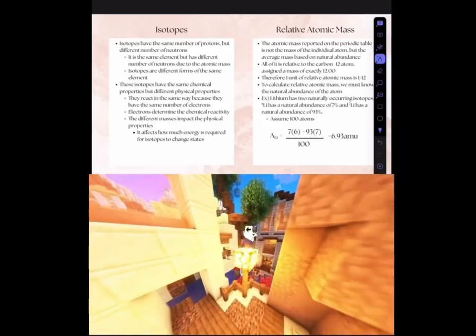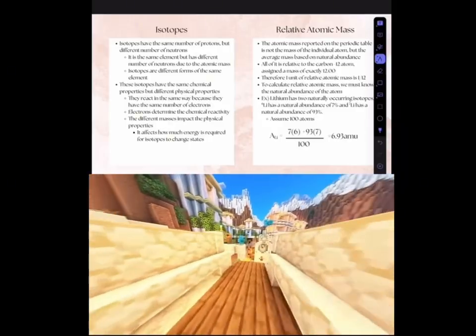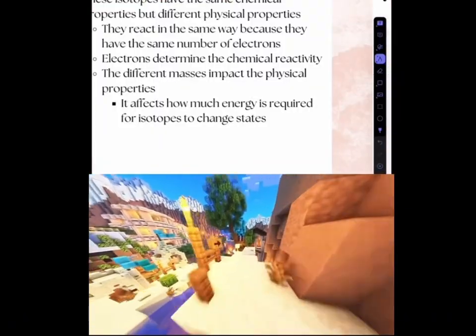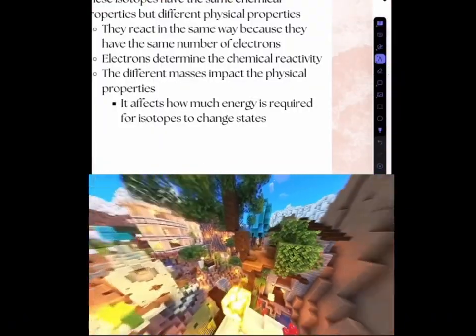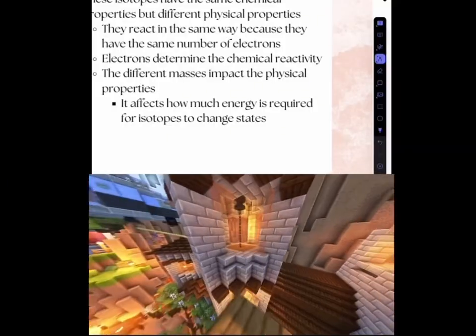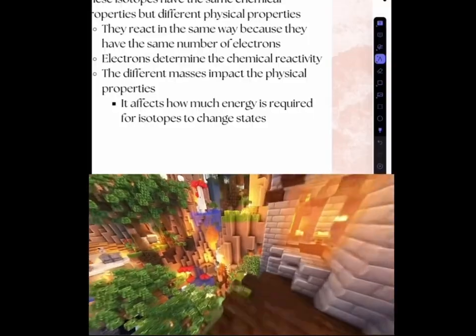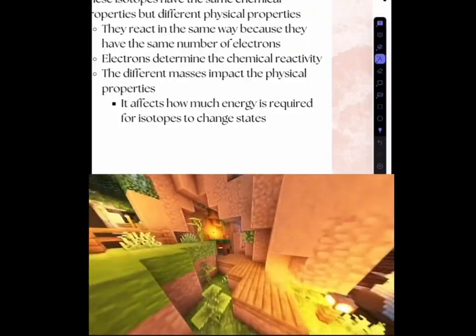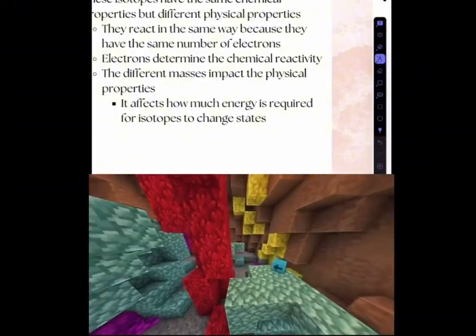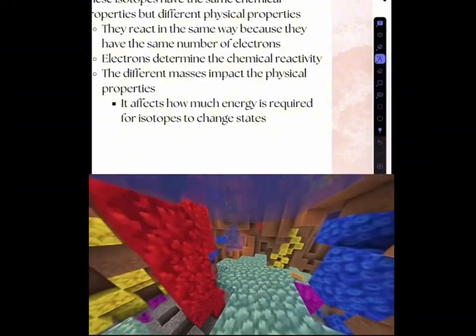That's because they react in the same way and have the same number of electrons, because electrons are the subatomic particles most engaged in chemical reactions. Electrons determine the chemical reactivity, and the different masses impact physical properties such as melting point and boiling point. It affects how much energy is required for these isotopes to change states.